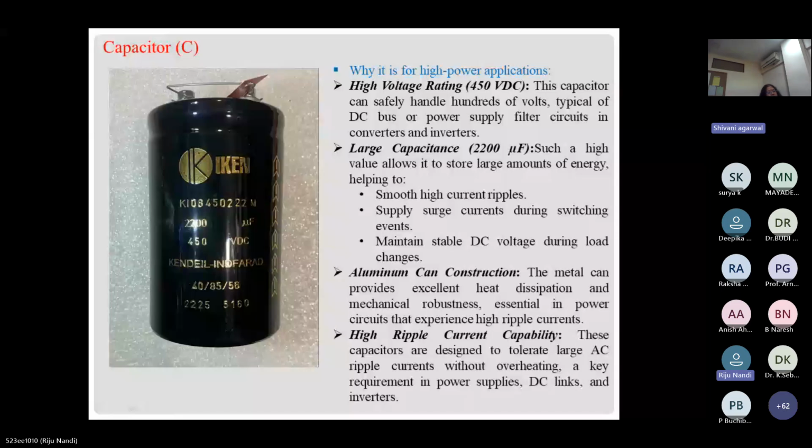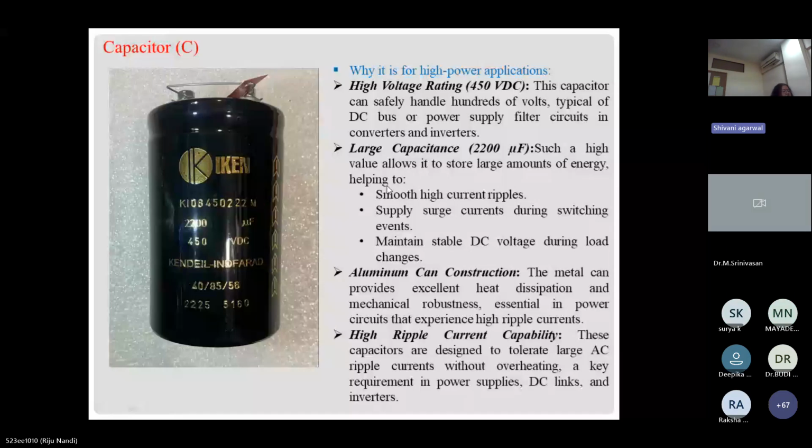This capacitor can safely handle hundreds of volts, typically in a DC bus or power supply filter circuit in converters and inverters. It has a large capacitance value, 2200 microfarad. Why did I use 2200 microfarad? High values store a large amount of energy, helping to smooth high current ripple, supply surge current during switching events, and maintain stable DC voltage during load changes.